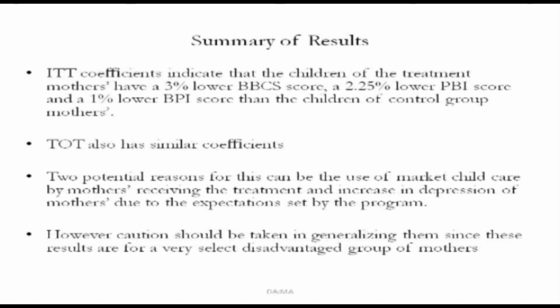The treatment on the treated also has similar coefficients, but slightly different from the ITT. Two potential reasons for this could be the use of market childcare by mothers receiving the treatment and increase in depression of mothers. So, this concludes our discussion of the instrumental variables and this whole lecture series.